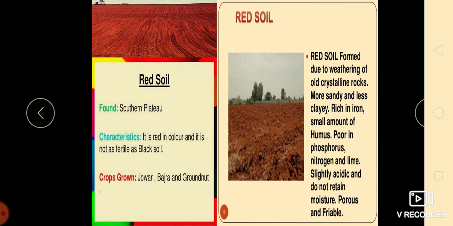On the uplands, they are thin, poor, and gravelly, sandy or stony, porous, light colored soils on which food crops like bajra can be grown.